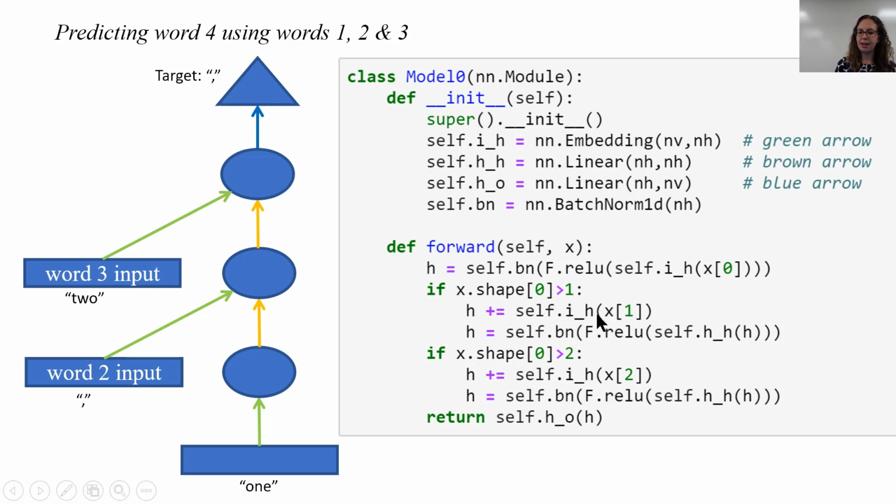Then we'll take a batch norm and a ReLU of hidden to hidden of H. So we're combining these and then applying the orange arrow to them. That's what takes it to here. Then we keep going. If it's long enough that we have a word number 3, we do the same thing. Are there questions about this?